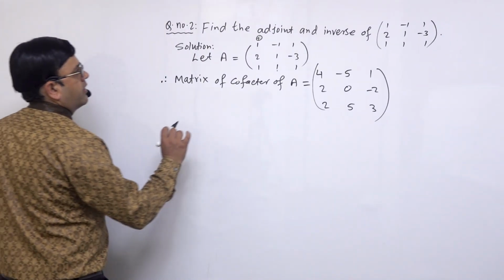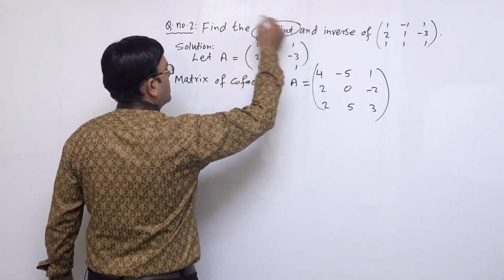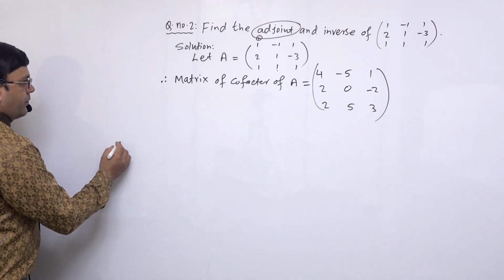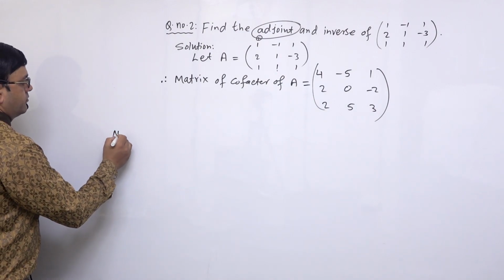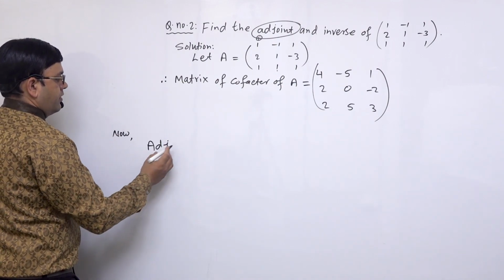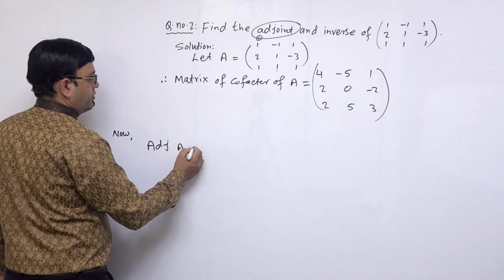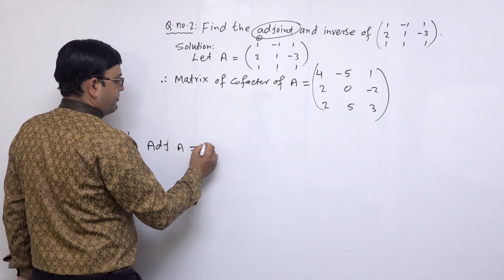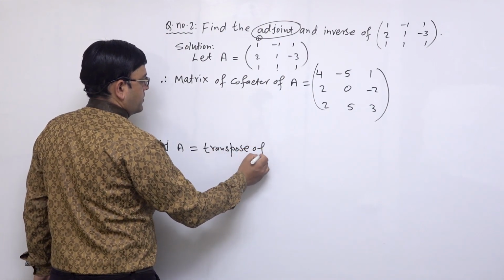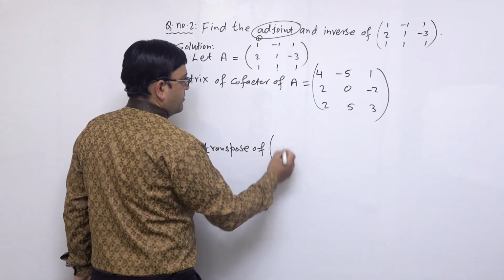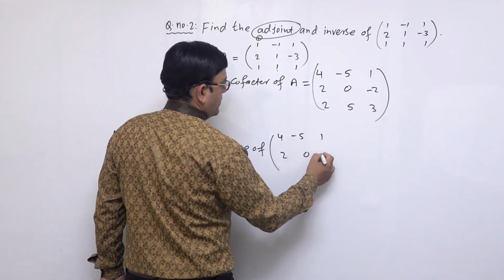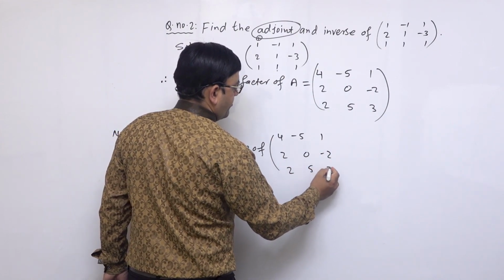We have to find the adjoint matrix also, he asks. So first we are going to find the adjoint of A. Adjoint of A is equal to the transpose of this matrix. This means 4, minus 5, 1, 2, 0, minus 2, 2, 5, 3.